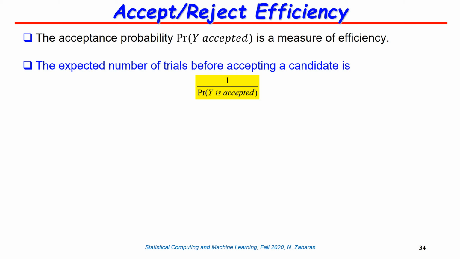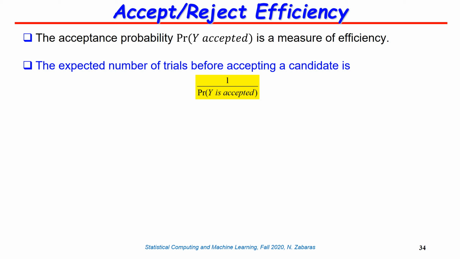And now what I want to tell you is that if you take one divided by this probability of y being accepted, effectively you get an unbiased estimate of the expected number of trials before a proposal sample is accepted.